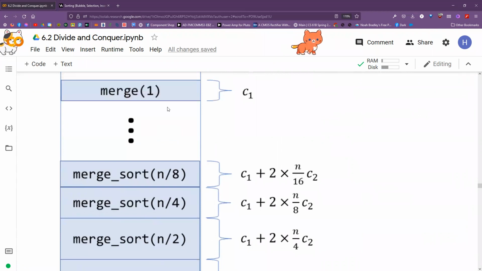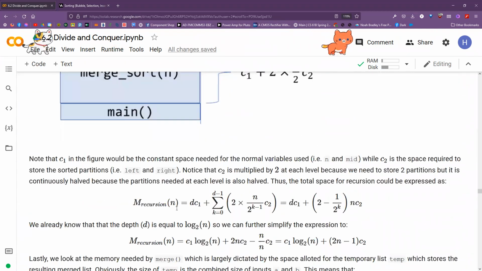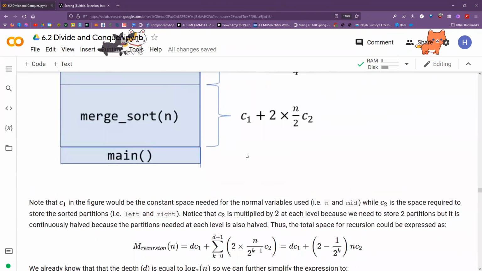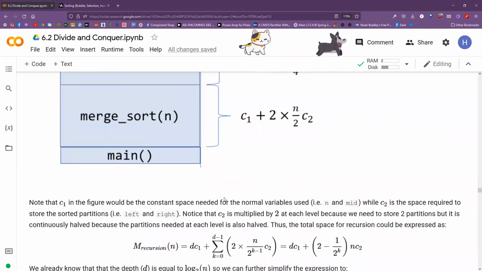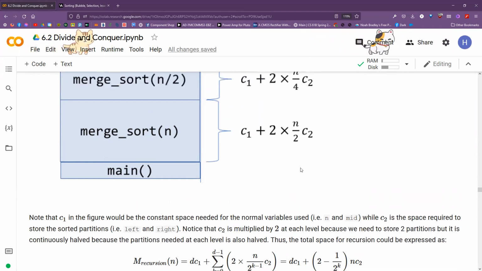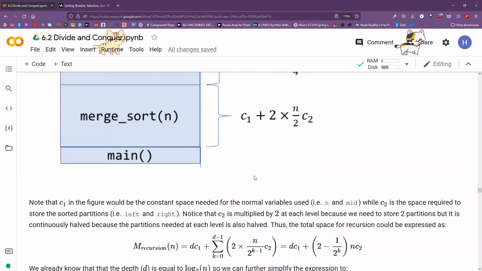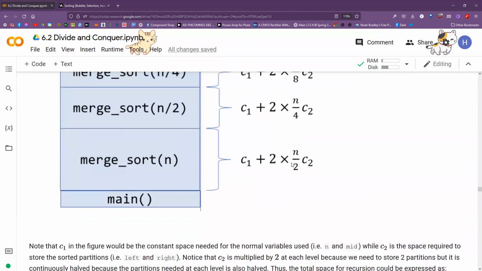after each recursive call. And then if we take the total over here, so it's D times C1, since lahat sila merong C1 na memory for every other variable na ginamit na constant to space. And then for the additional na list, that's 2 times n over 2 to the k minus 1. So starting from 0, dito yun.